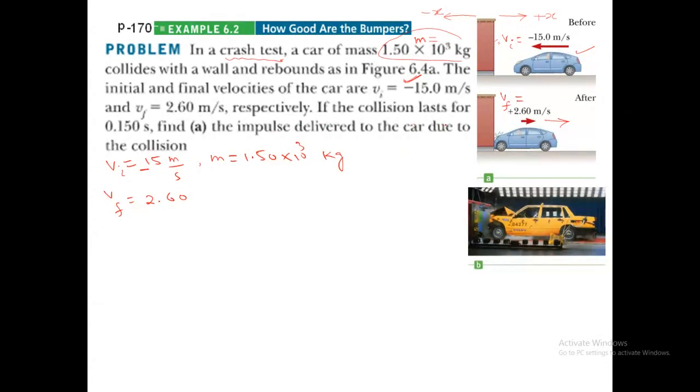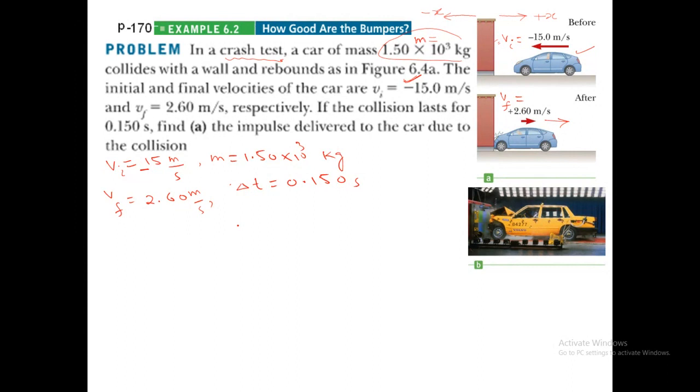Okay, if the collision lasts for 0.150 second, so delta t is equal to 0.150 second.